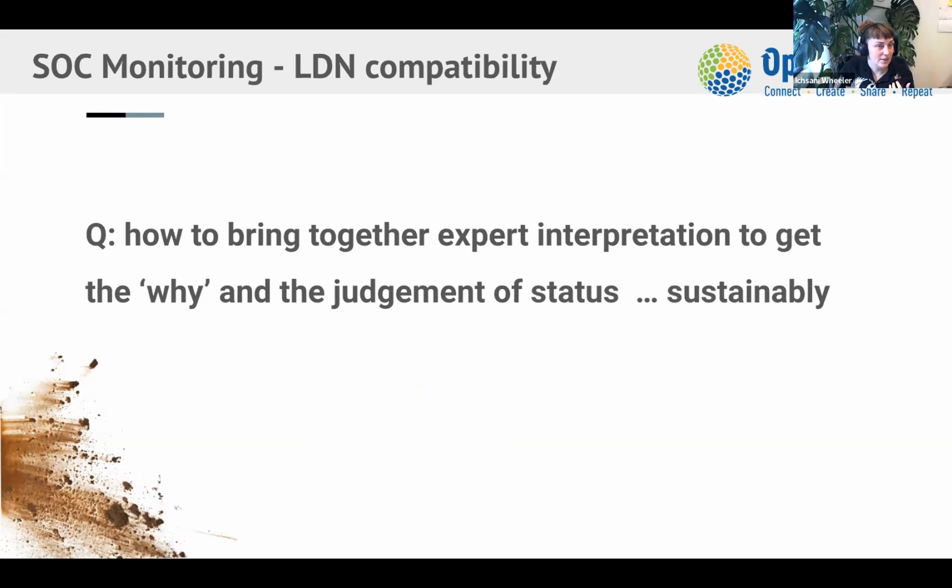And then the third one that I would like to bring to your attention is this compatibility issue: how do you bring together expert interpretation of the information that does come out to understand why? Why is something changing in the place that it is? Because that is a really essential piece of information for the judgment of status, okay?